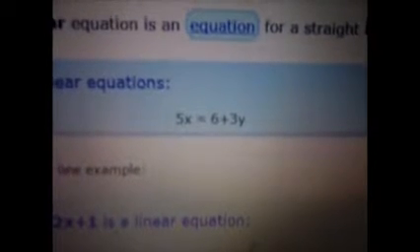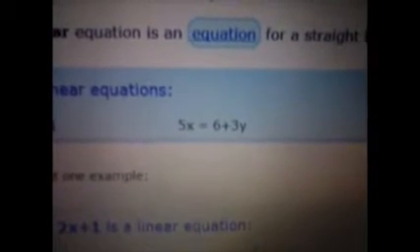According to MathIsFun, a linear equation is an equation for a straight line. These are some of the examples of linear equation. y is equal to 2x plus 1. 5x is equal to 6 plus 3y. And y over 2 is equal to 3 minus x.